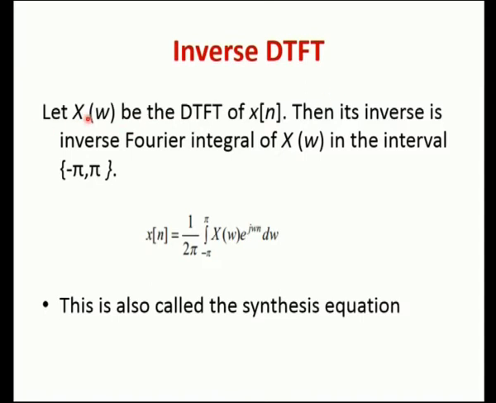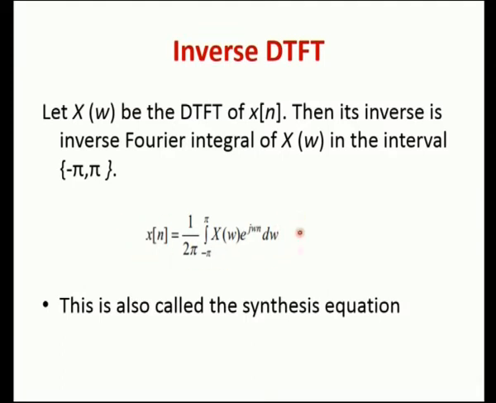Let X of omega be the discrete time Fourier transform of x of n. Then its inverse is the inverse Fourier integral of X of omega in the interval of minus pi to plus pi. That is, we are finding the discrete time signal x of n, which is equal to 1 by 2 pi integral over minus pi to pi X of omega e power plus j omega n d omega.